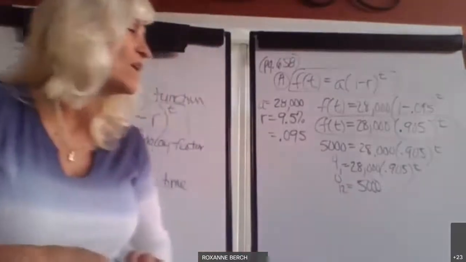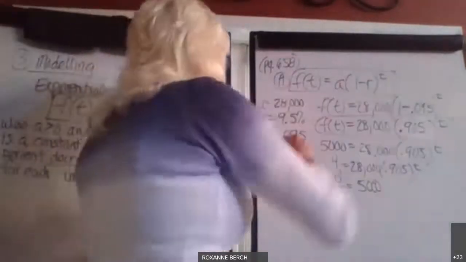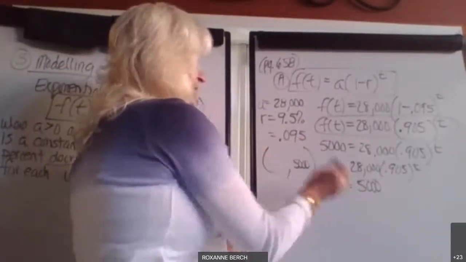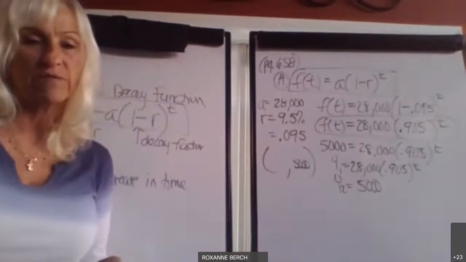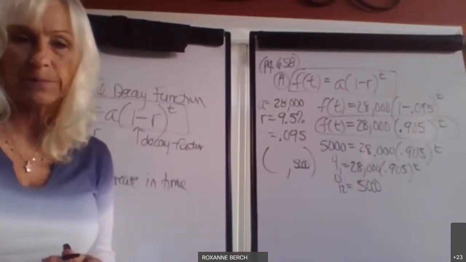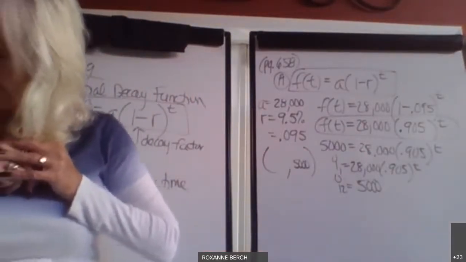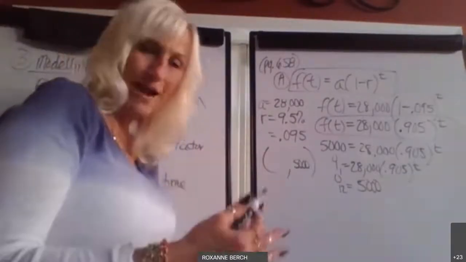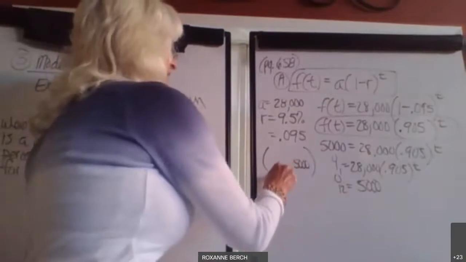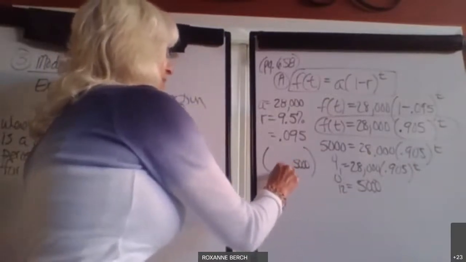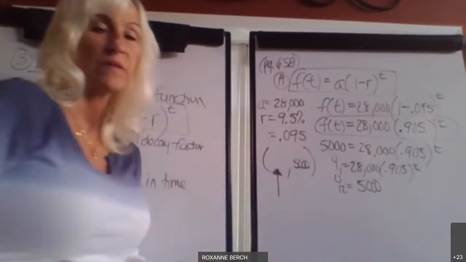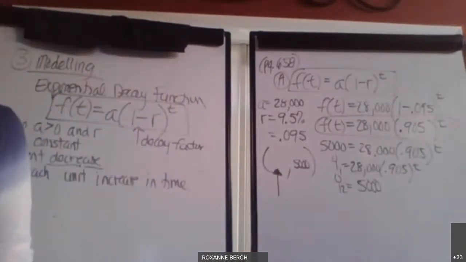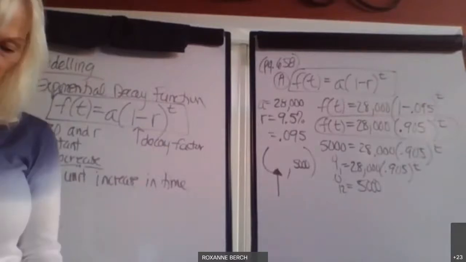You're trying to find the point of intersection, and you're going to get some x, and your y is going to be 5,000 because we already know that the y value is going to be 5,000, right? And our answer is going to be the time, which is going to be x, which is going to be that value right there. Go ahead and see if you can do the graphing and everything else.